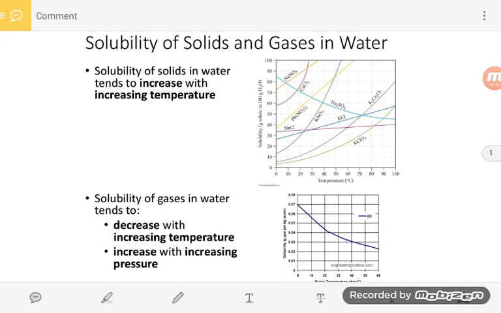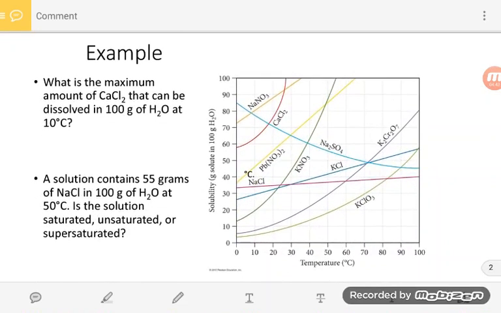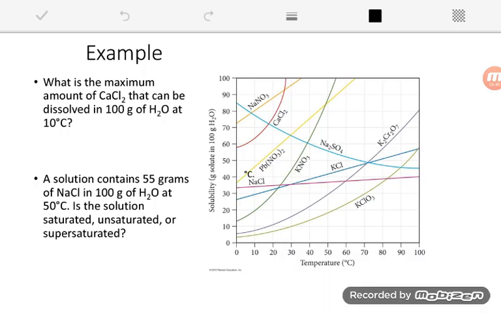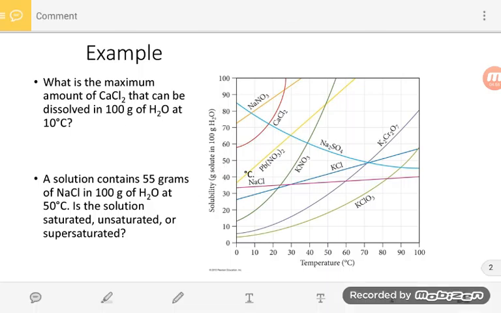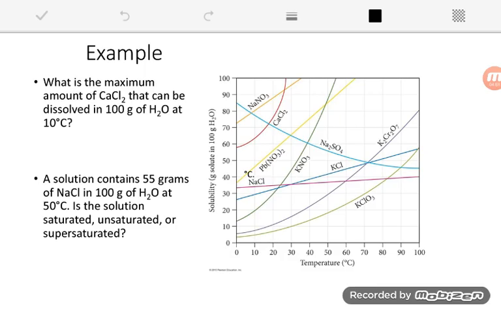So let's look at an example. Example, bigger version of the chart. What is the maximum amount of calcium chloride that can be dissolved in 100 grams of water at 10 degrees Celsius? And again, this 100 grams of water comes from these units on the y-axis right here. Okay, so we need to find calcium chloride. So we see he's right there, so we're looking at that red curve.